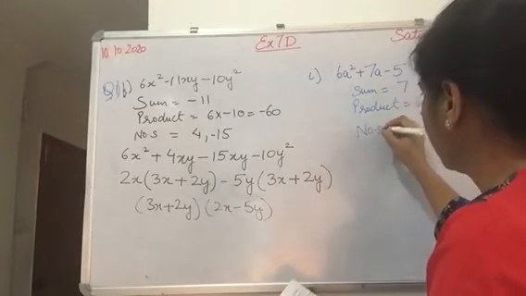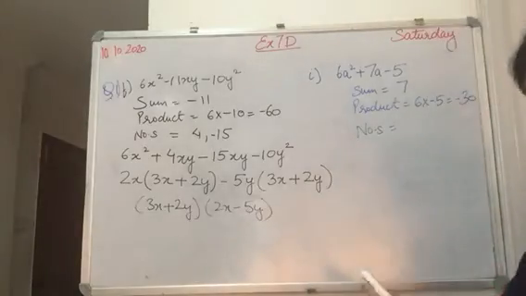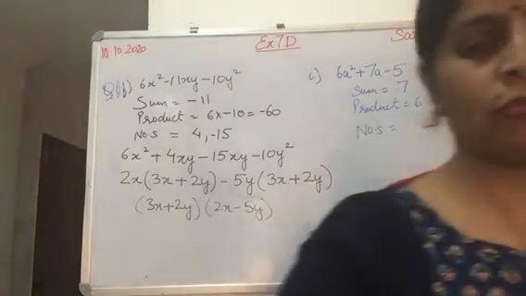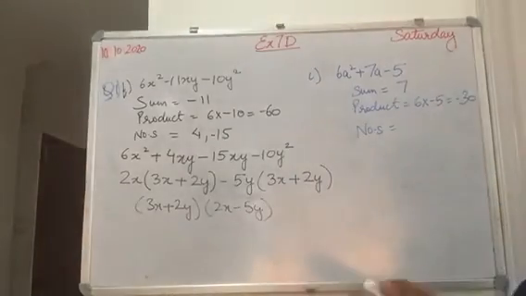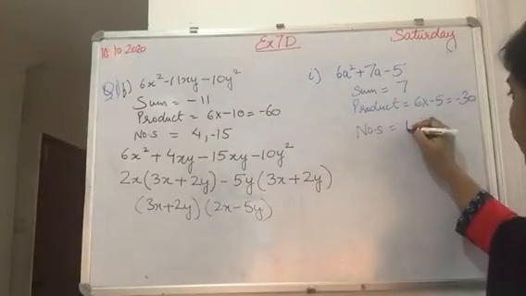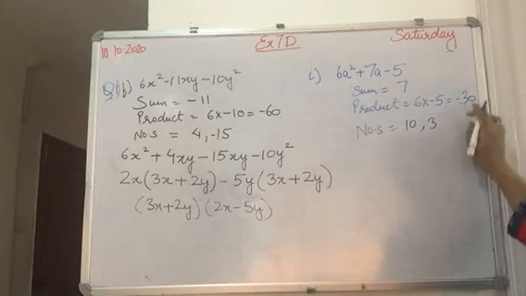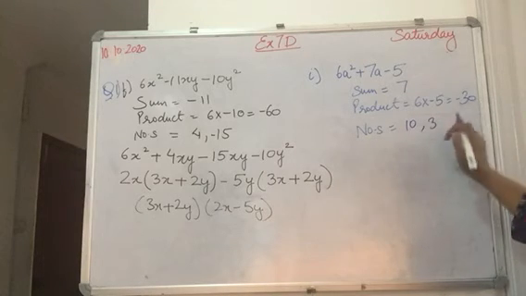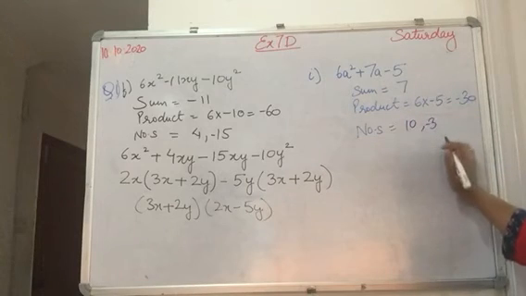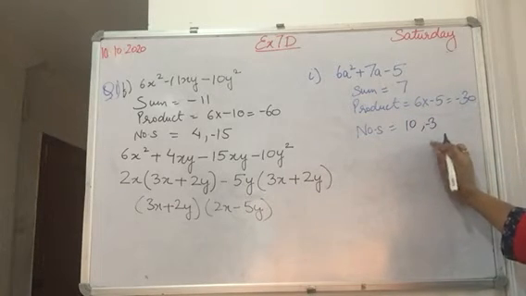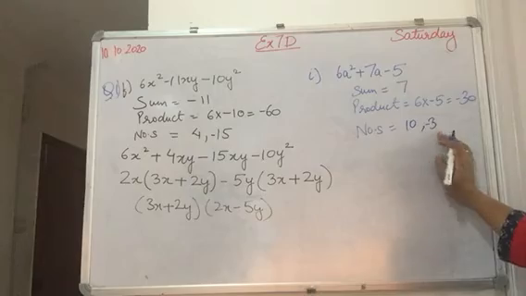Numbers. Now 6 5s are 30 and 2 into 15 and what comes? 10 into 3, 30. Now because product is negative, so one number should be negative. But sum is positive, so the greater number should be positive, and the smaller number will be negative.